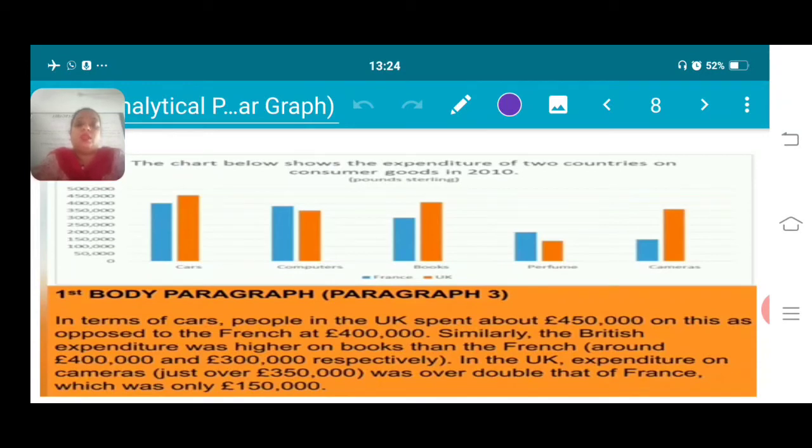What we have to write here, in terms of cars, is that we have to describe the change one by one, what happened in the case of cars, where they spent more, where they spent less. So in terms of cars, people in the UK spent about 450,000 pounds on this, as opposed to the French at 4 lakh pounds.